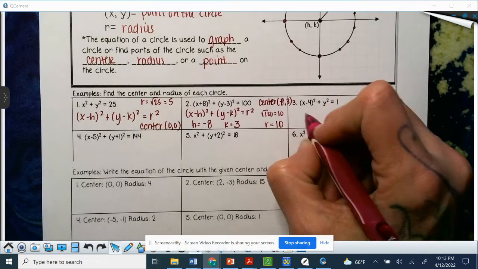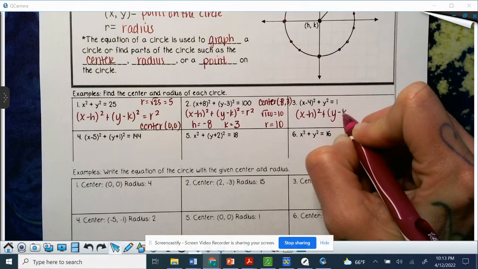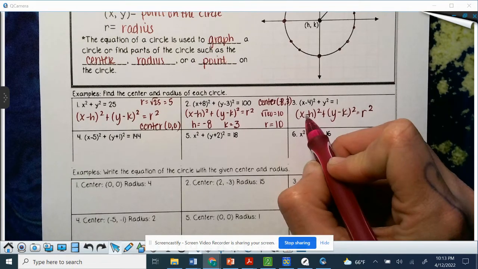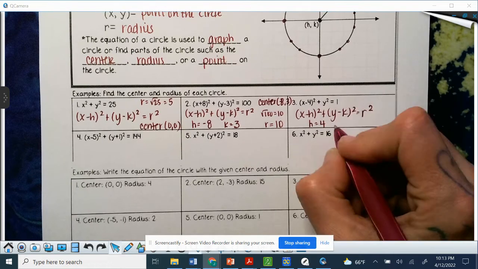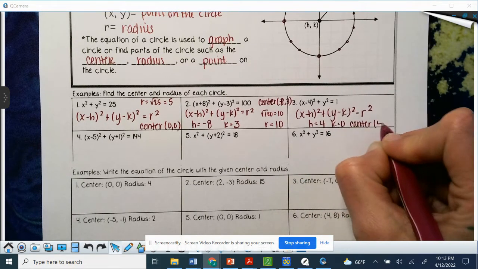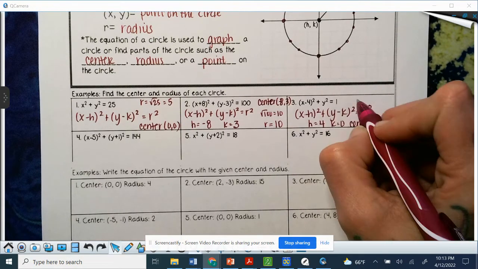Look at number 3. So (x minus h) squared plus, again, (y minus k) squared equals radius squared. So x minus h, in this case, our h is going to be 4. Our k value, there isn't one, so then our center is 4, 0. Our radius squared is 1, so that means we're going to take the square root of 1, which is 1.